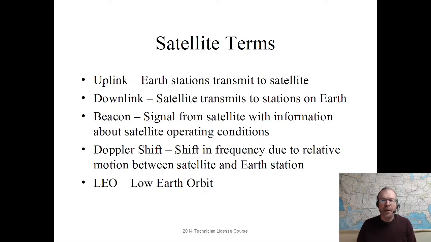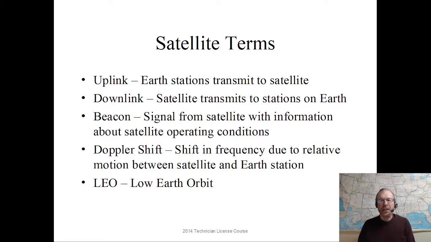You should know a little bit about satellite terms. An uplink is an Earth station transmitting to a satellite. Now, if you're like most of us, you are the Earth station, unless you're an astronaut. So you would be using the uplink frequency. That's the Earth station transmitting to the satellite or to the International Space Station.